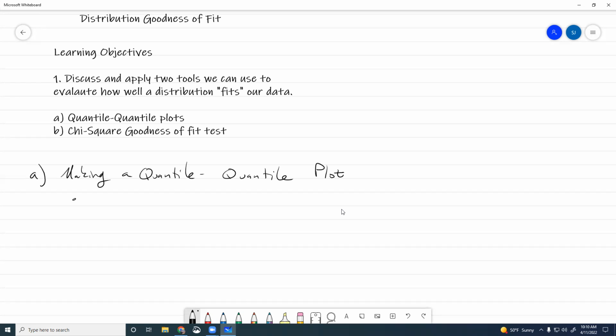What we're doing in a quantile plot is, first I'll just draw this out. We've got X expected, meaning these are the expected values of X, and this is from quantiles of a distribution.